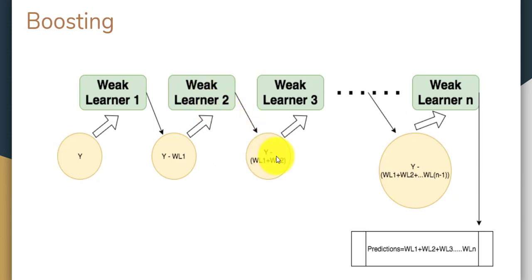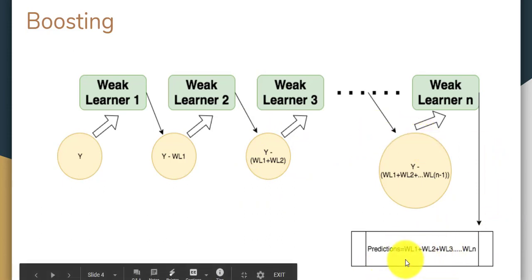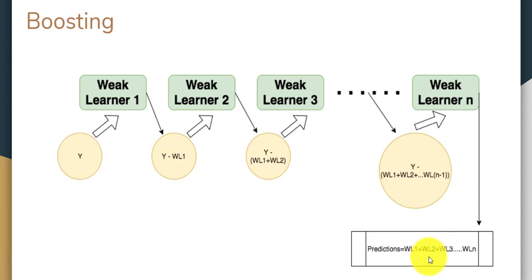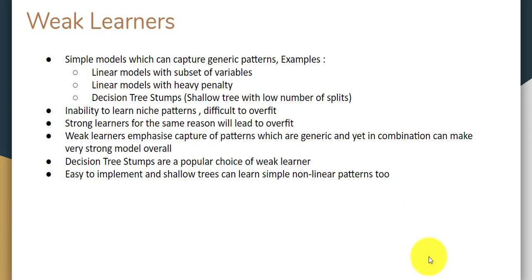After the second tree, my output becomes WL1 plus WL2, while I still have an error, which is y minus (WL1 plus WL2). Now the third tree will try to minimize the error made by the second tree, and so on. At the end we combine the outputs, WL1 plus WL2 plus WL3, which is nothing but combining outputs from all the trees together, right?